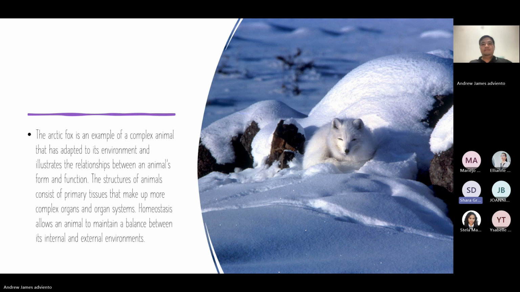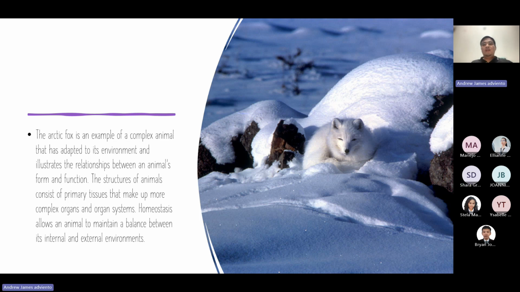We cannot hear both of you. Stella, paano nag-adjust ang Arctic fox sa kanyang environment? Stella? Wala kayo lahat. Isabel?